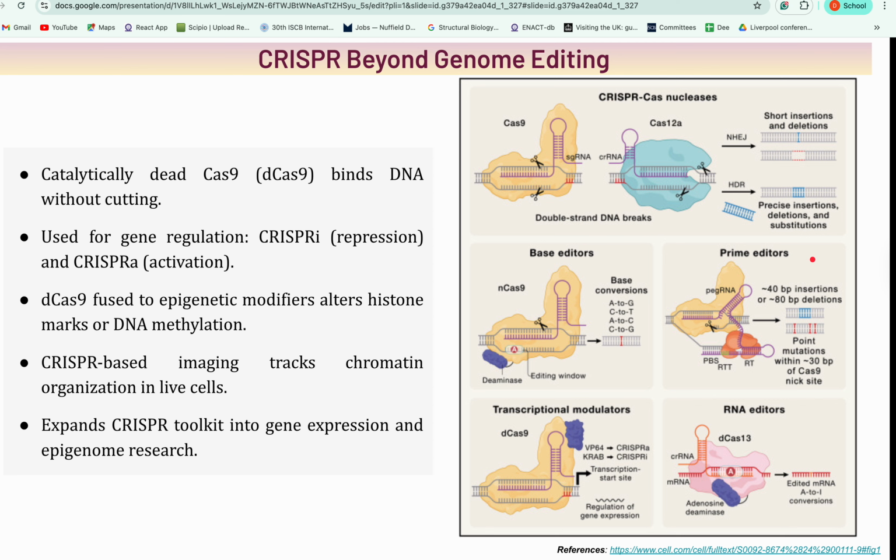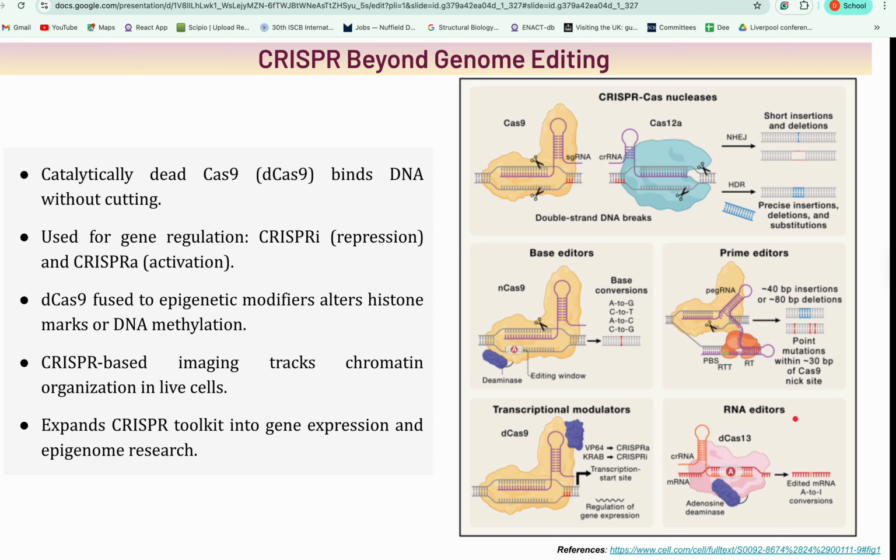Second thing is prime editors. We can also bring about 40 base pair insertions or 80 base pair deletions, and point mutations within 30 base pairs of the Cas9 nick site. All these changes can be brought with the help of certain modulators. Similarly, we can use it for transcriptional modulators, in which we can use VP64 for activation and KRAB for CRISPR inhibition, or you can say repression of the genes.